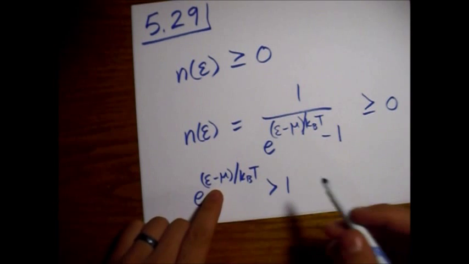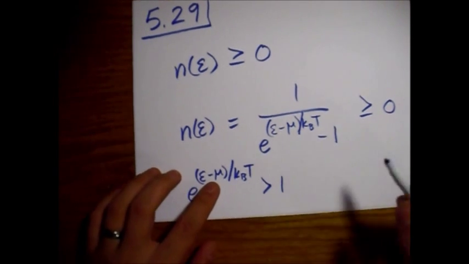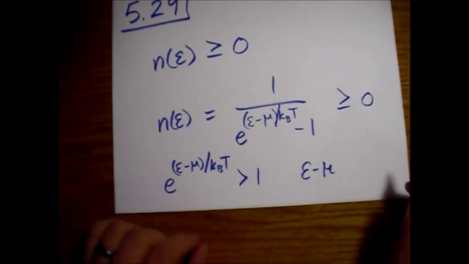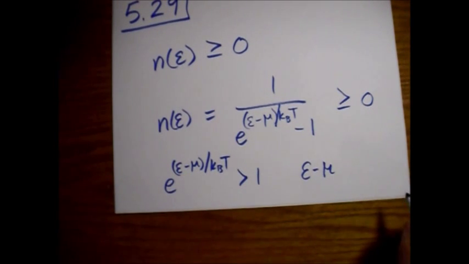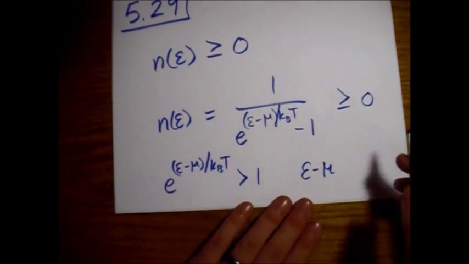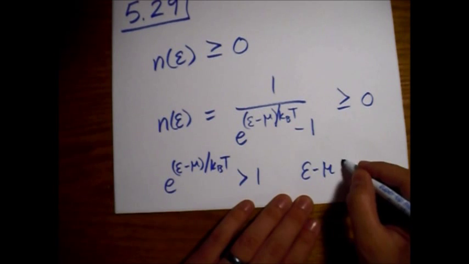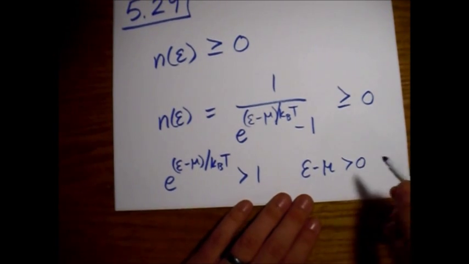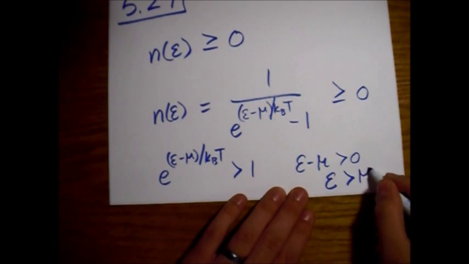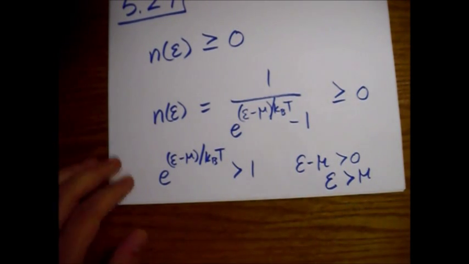We're left with just epsilon minus mu, and that has to be greater than 0. Therefore, epsilon must be greater than mu.